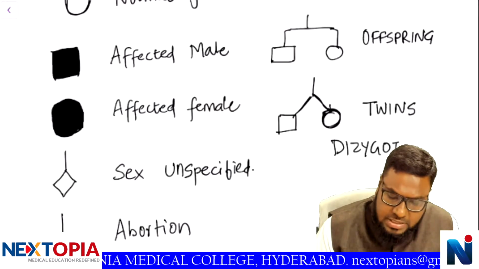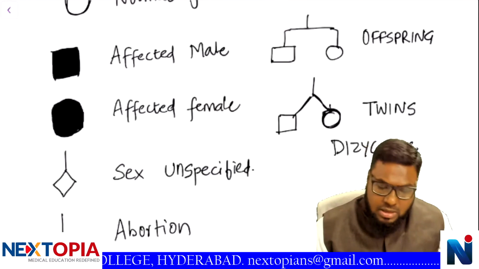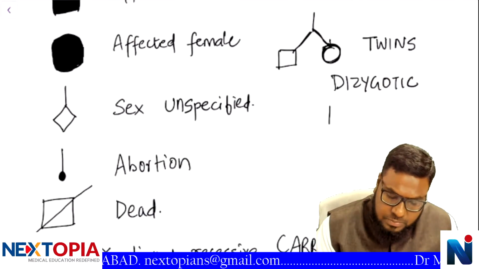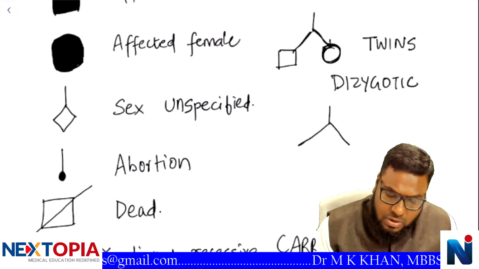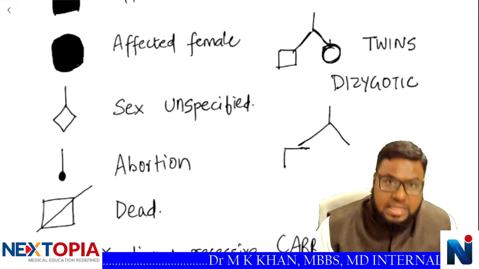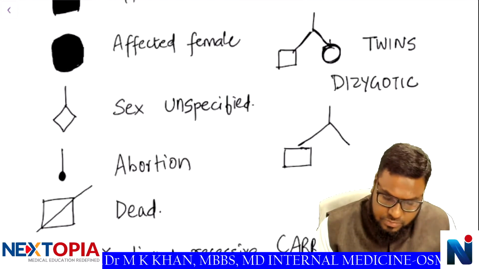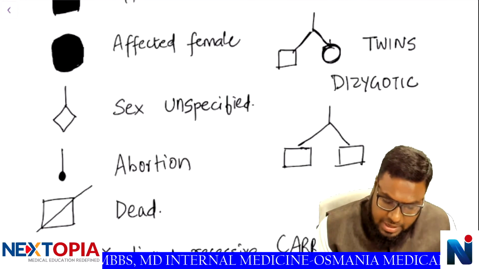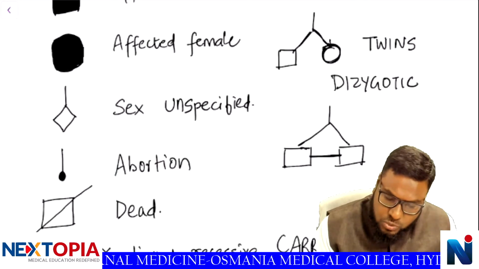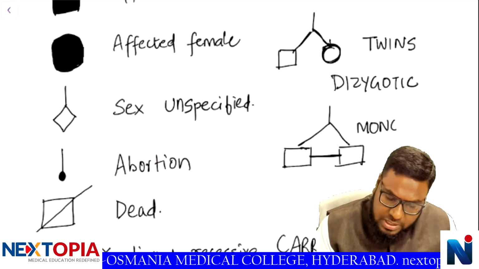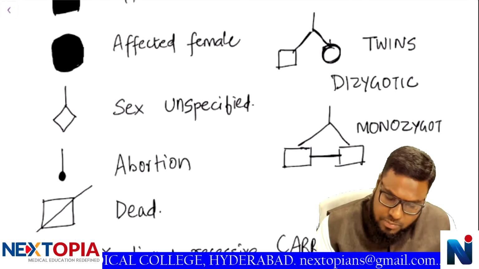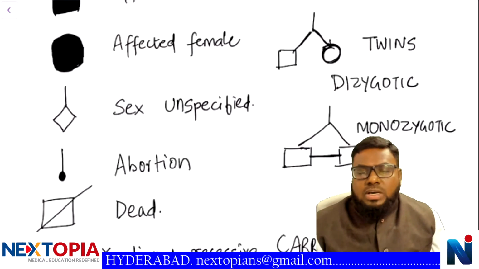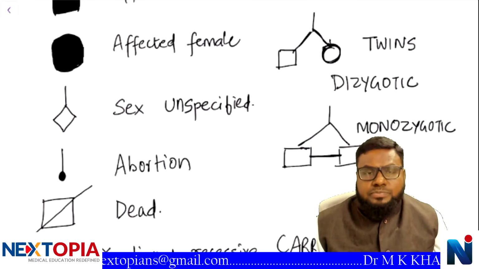I'll tell you what is dizygotic and monozygotic twin when I'll be teaching gynecology. Then if I draw like this, and draw characters here, and draw a line in between these two, then I'm talking about monozygotic twins.